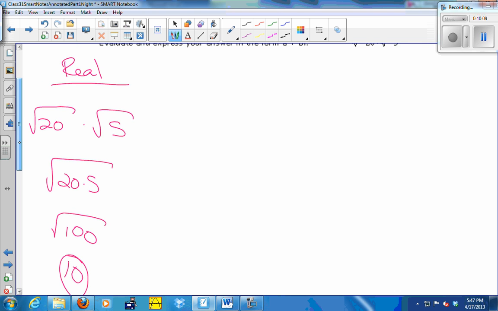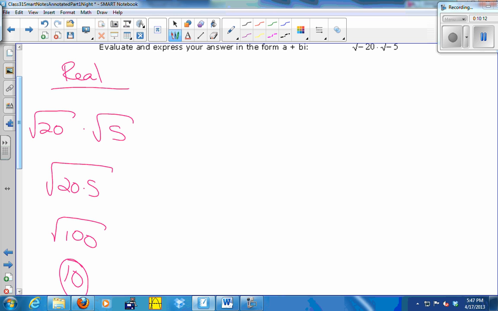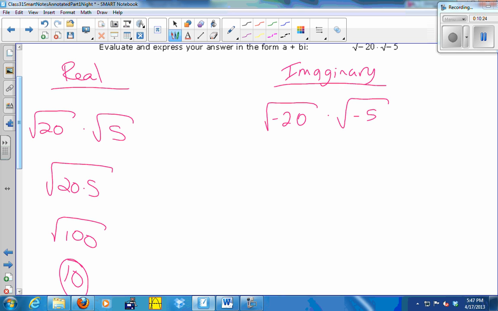But if I did this same thing with imaginary numbers, then I would be able to say square root of negative 20 times the square root of negative 5 would be the square root of negative 20 times negative 5, which is the square root of 100, because the negative times the negative makes positive, and you get 10, right?